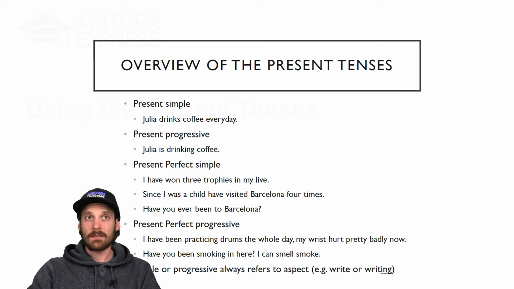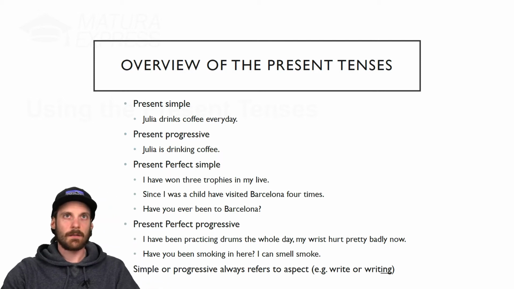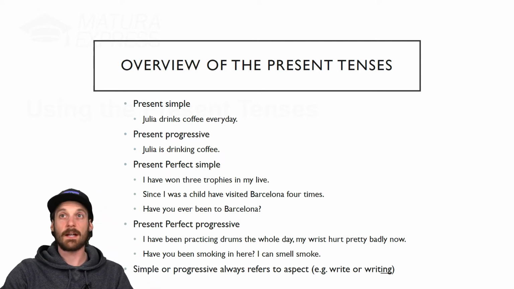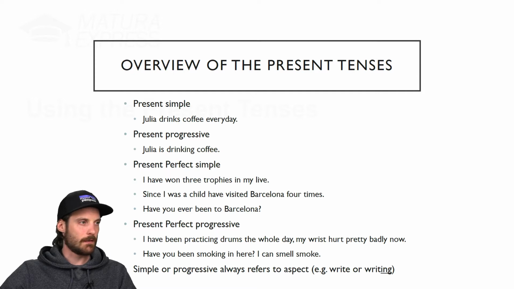In this case, it's the present, and a simple action, such as Julia drinks coffee every day. So a repeated action. We use the verb in the simple form.